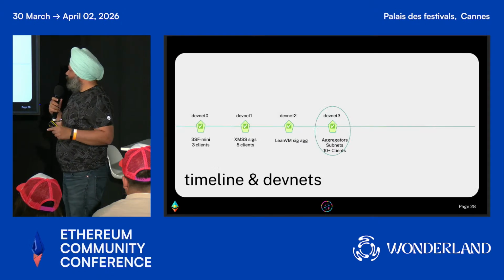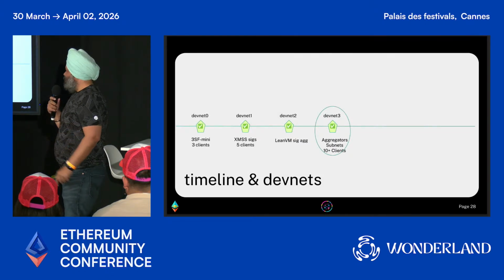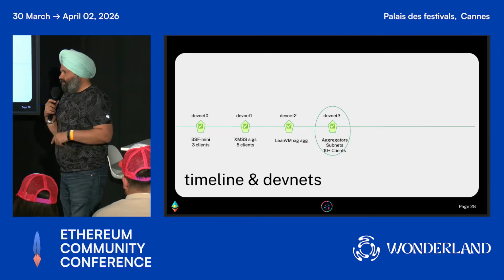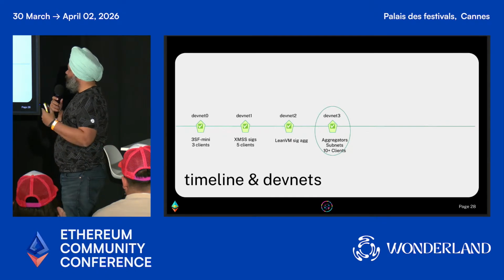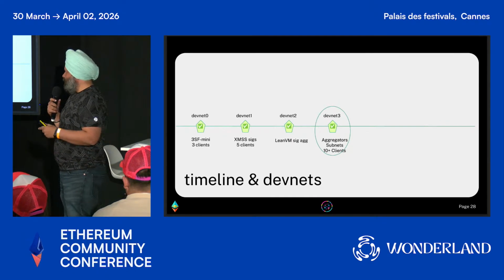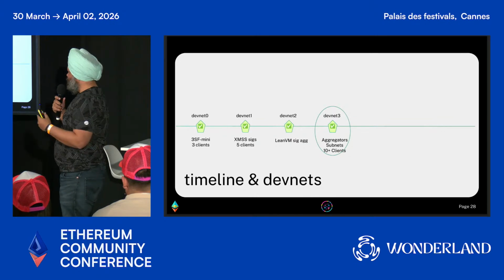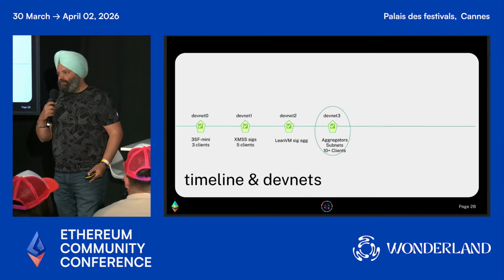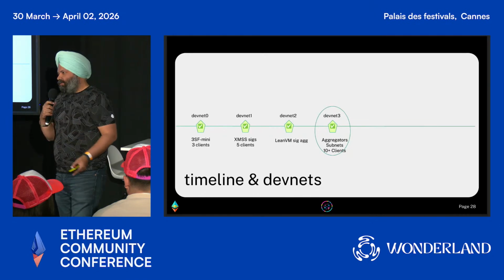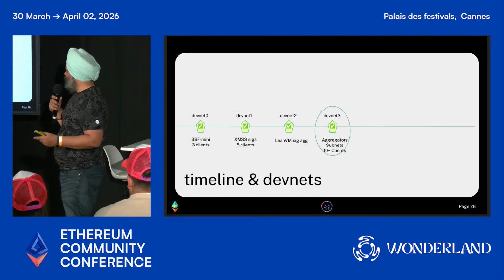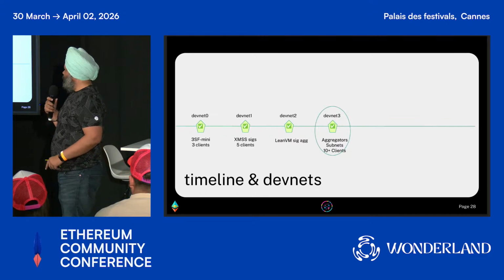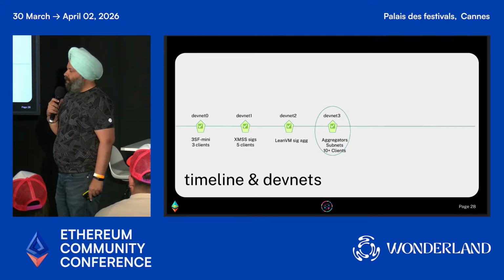Okay. And coming to what we have done so far. We have done DevNet 0, which was just a start between 3 clients. It was just a warm-up using 3SF Mini. Then in DevNet 1, post-quantum XMSS signatures came in. We jumped to 5 clients. Then we did SIG aggregation in DevNet 2. At DevNet 3, we introduced the aggregator role.